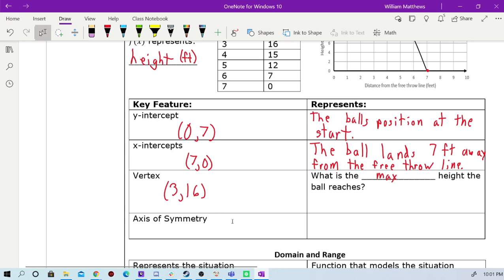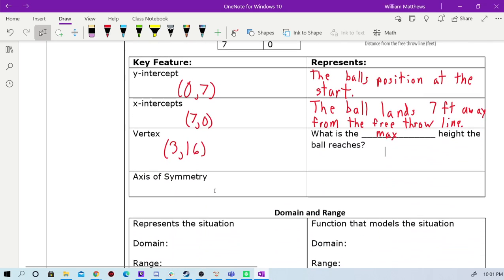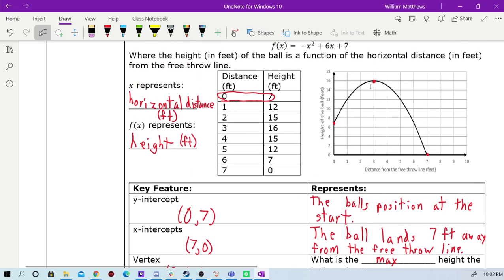One of our last key features is the axis of symmetry. It is where our function would mirror itself. And that would be at the vertex. Our vertex x value was 3. So our axis of symmetry, the line equation, is x equals 3. Now, what the axis of symmetry means, it doesn't just mean that the function mirrors itself. In our situation, this lets us know this is when the ball starts coming down from its shot.